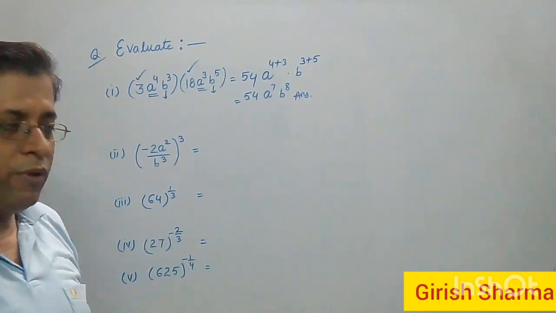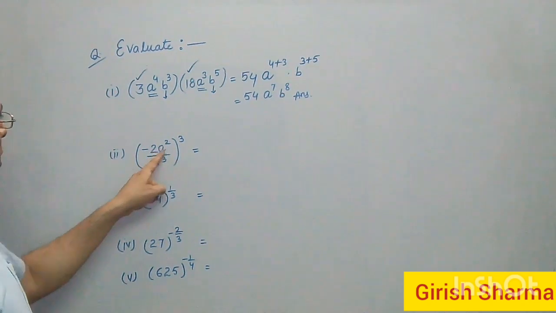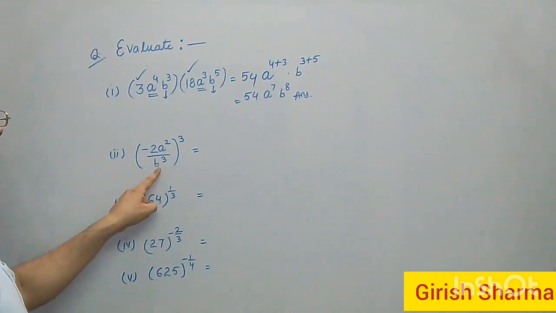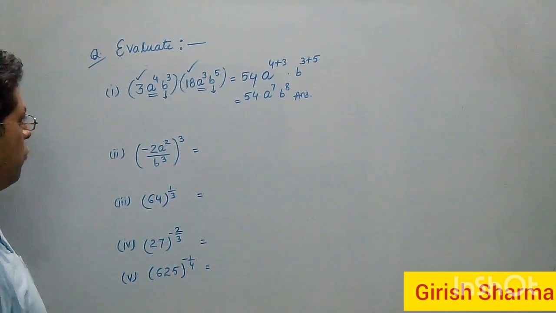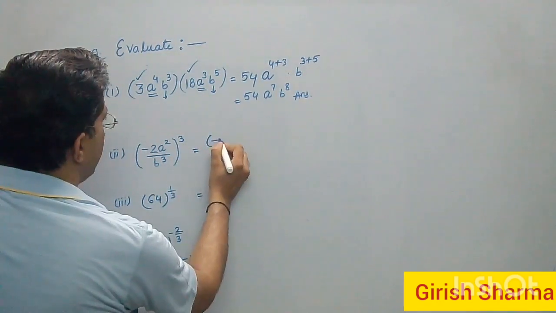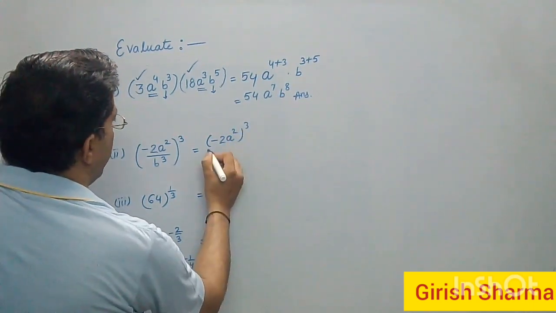Okay, next question: (minus 2a^2 upon b^3) whole power 3. What to do? You can separate it.